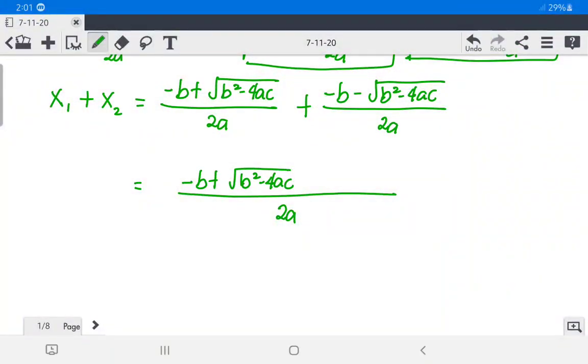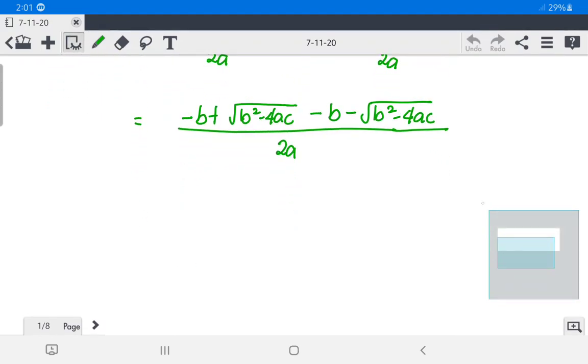then minus b minus square root of b squared minus 4ac. Okay. Then, combine similar terms. We have negative b minus b, we have negative 2b.